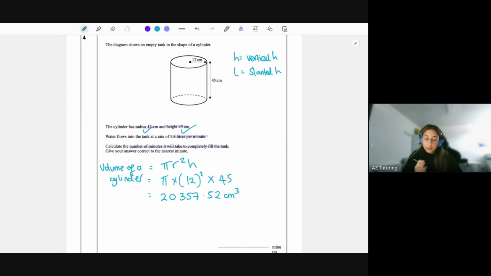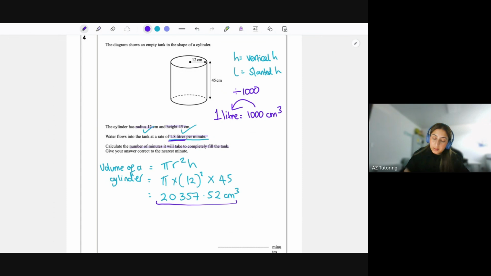However, the question says water flows in the tank at a rate of 1.8 liters per minute. That's given in liters per minute. And if we know our unit conversions, which is something everyone needs to memorize, we know 1 liter is 1,000 centimeters cubed. So to convert this from centimeters cubed to liters, to know how quickly it will fill up the tank, we need to divide by 1,000.